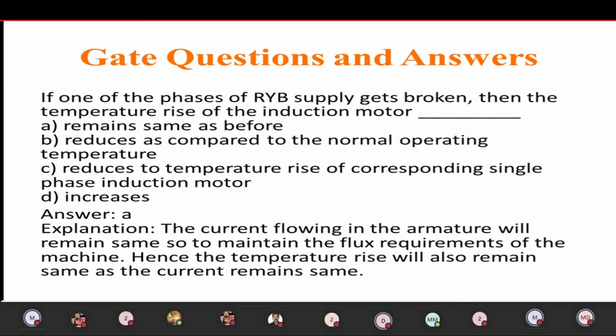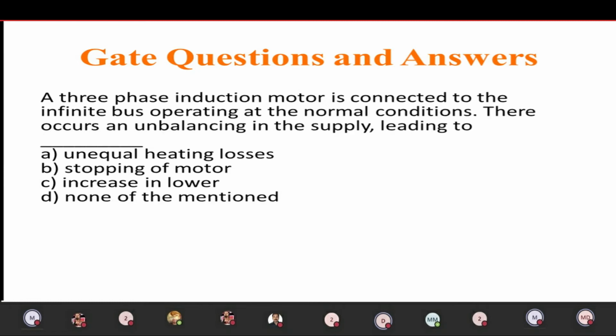Hence the temperature rise also remains the same, as the current and the temperature are constant. So reducing the temperature is not possible. Then we move to the next problem.